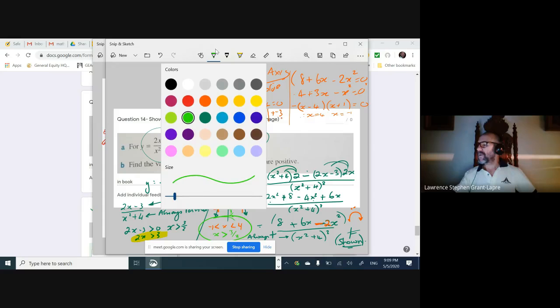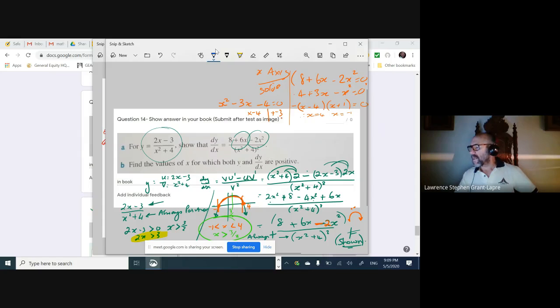We take both into consideration. Where is x between -1 and 4, and where is x greater than 3 over 2? Well, that'll happen between 3 over 2 and 4. So the answer for part B is therefore x has to be between 1.5 and 4. And that's the only place where they're both positive.